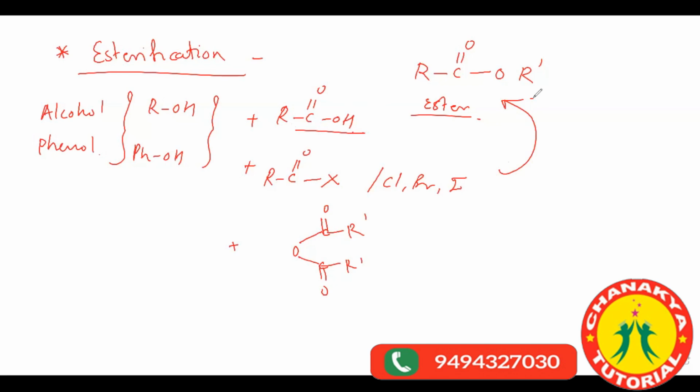Shall I write down? This is carboxylic acid. This would be acid chlorides or acid halides. Chloride I won't write, because if I have to write chloride instead of X, I should write chlorine here. And this is acid anhydride.